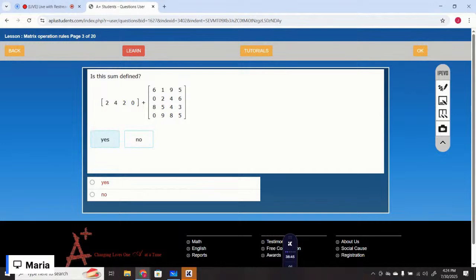Is the sum defined? No, we cannot add two matrices until they have the same dimensions. Same dimensions means they both have the same number of rows and the same number of columns.